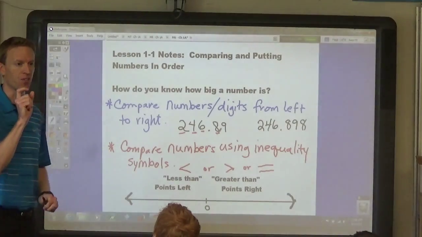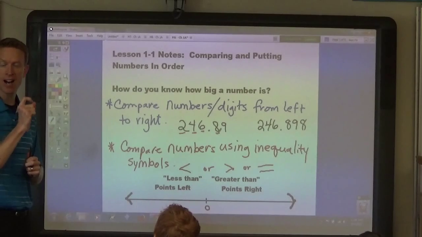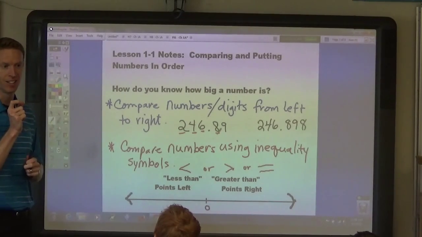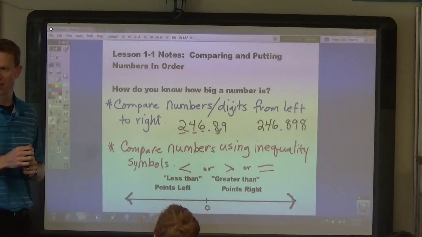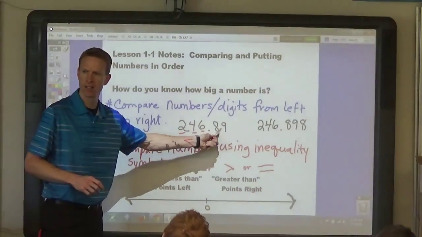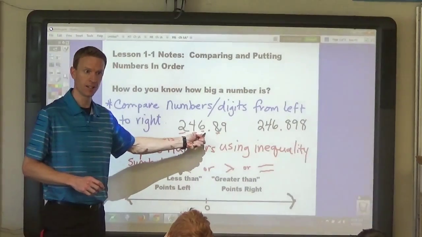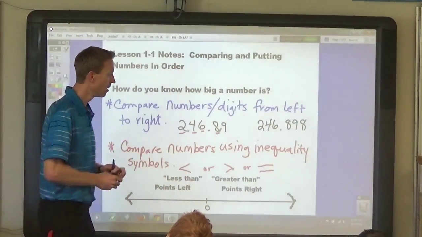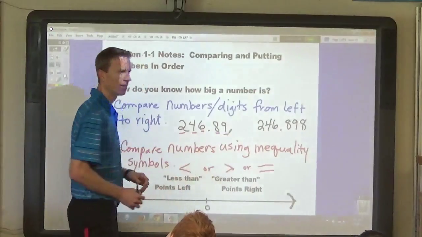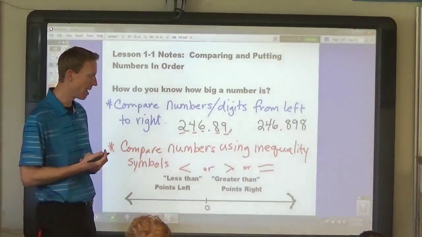This is 8 tenths. Like dimes are a tenth of a dollar. So if this was 8 dimes, it would be worth 80 cents. That's less than $1, isn't it? This would be like 9 hundredths.